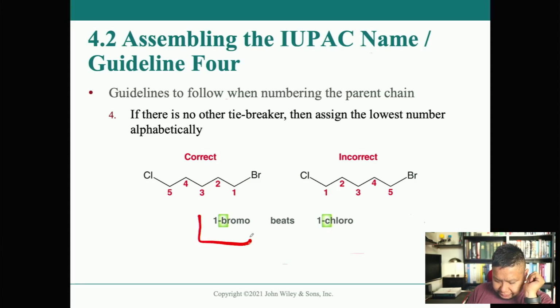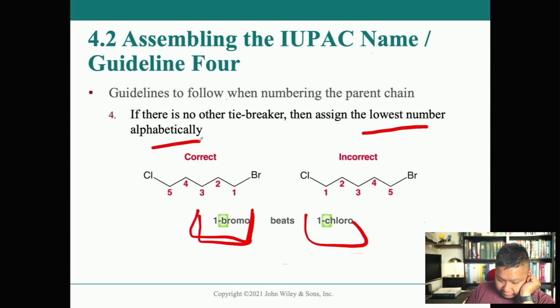But the question then is, do you say 1-bromochloropentane, or do you say 1-chlorobromopentane, right? Well, you would say 1-bromo because this rule says that you use the lowest alphabetically, and B is alphabetically before C, so bromo goes first, right?